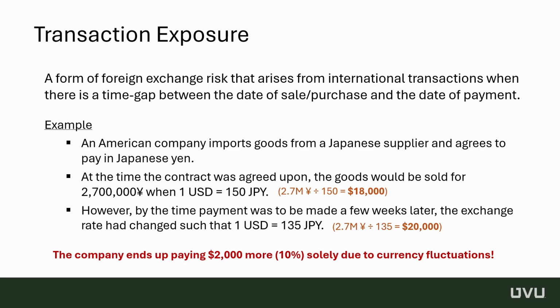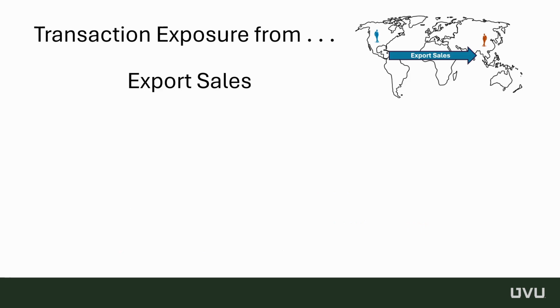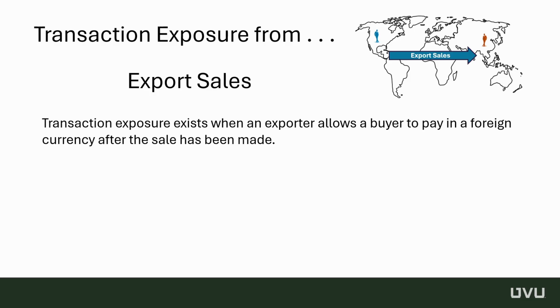Now, I realize some of these concepts can be a little tricky the first time you learn them, so I want to go through each type of transaction one more time and discuss the downside risk that stems from the transaction exposure. Starting with export sales, where does transaction exposure come from? It arises when our international customers pay us in a foreign currency after the sale has been made.